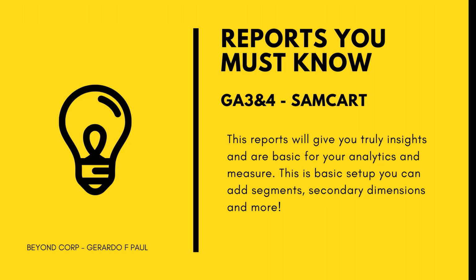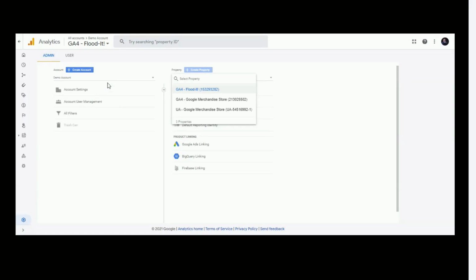Also, in a small brief, there are some reports that you must know from Google Analytics 3 and 4. These reports are the basic standard, or at least the ones that I use, and there are a lot more, and you can customize your reports, but this is a small review of which reports you should look at for information.